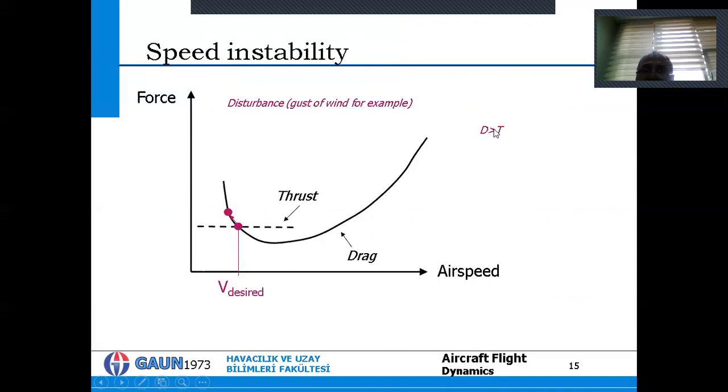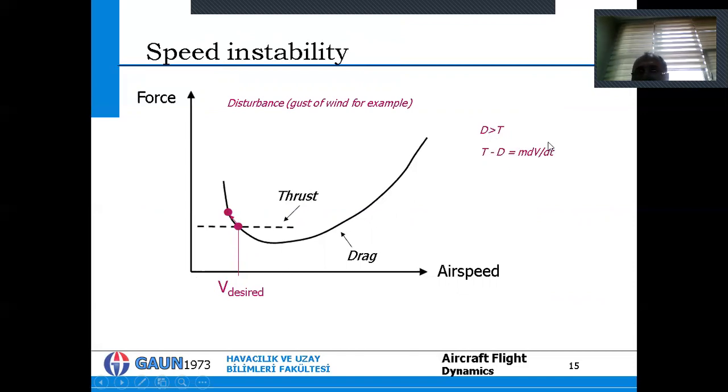So what does it mean when the speed goes to a less value? Of course, here at this point, look, the drag is bigger than thrust. In this case, the drag is bigger than thrust.